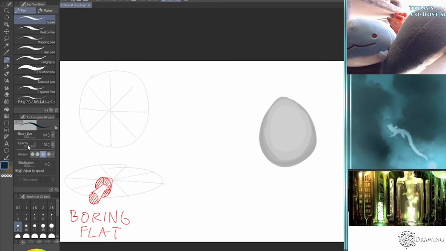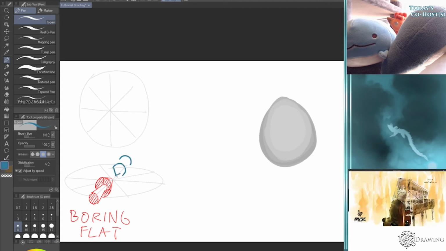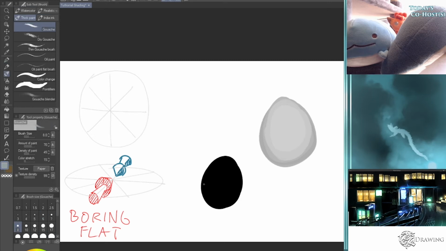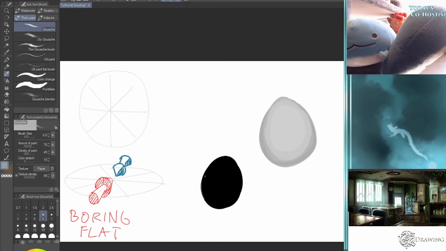But we never talked about why light from the back may not be ideal either. Light from the back is definitely better than light from the front. Light from the front, what's that going to look like? Well, it's going to look like this, sort of. It's going to look like this, but it's going to have a little bit of light around here. Basically, you're going to get a silhouette.